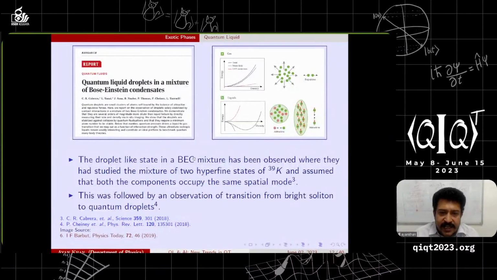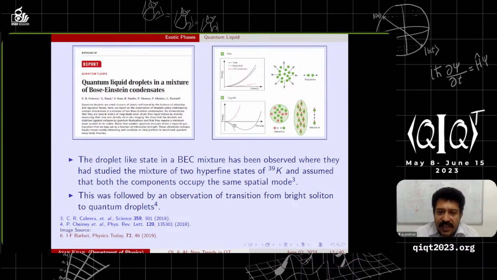With this, then came the experimental observation in 2018. Here you can see energy, and this axis is my density. Now this is my mean field interaction energy, and this is my LHY interaction energy. If both are repulsive, it's fine.